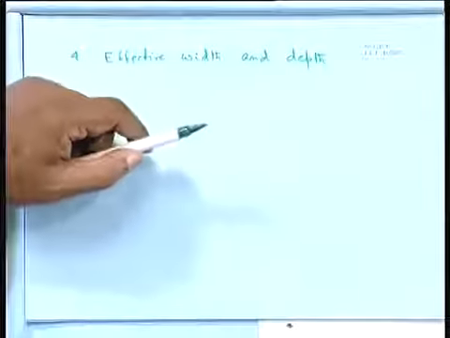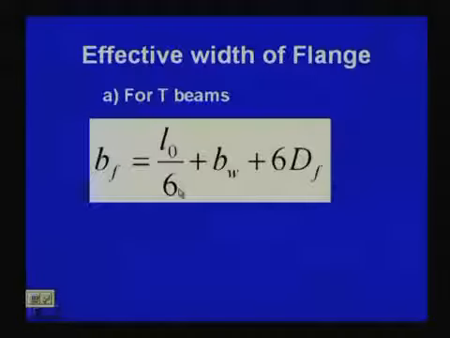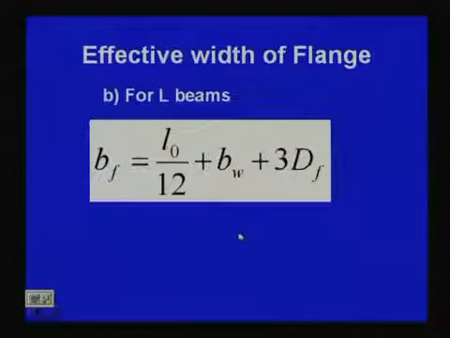Now, we have to mention what is the effective width of this flange. Where from shall we get it? Already we have mentioned it for T beam. So, we shall use this formula. If it is a T beam, we shall use it, and that is available in the code.